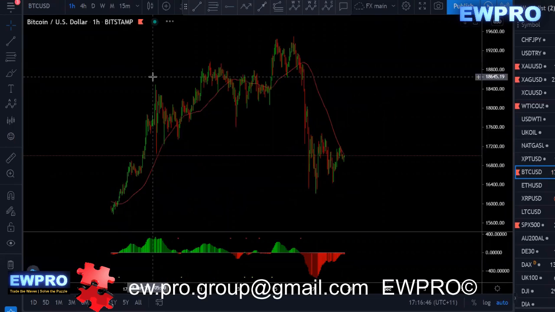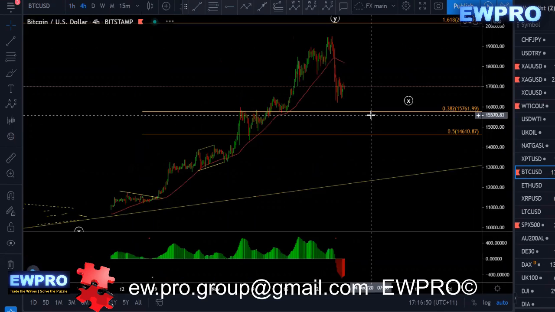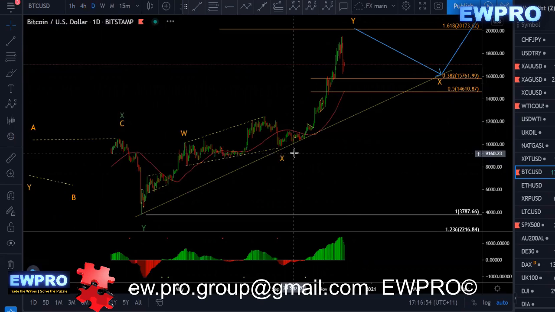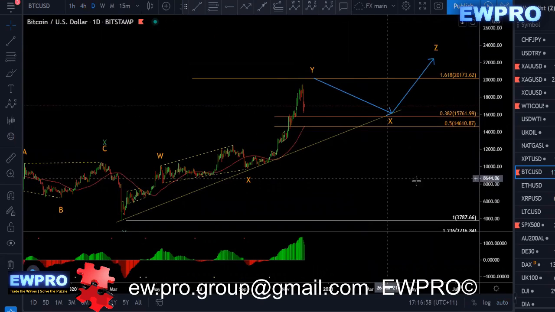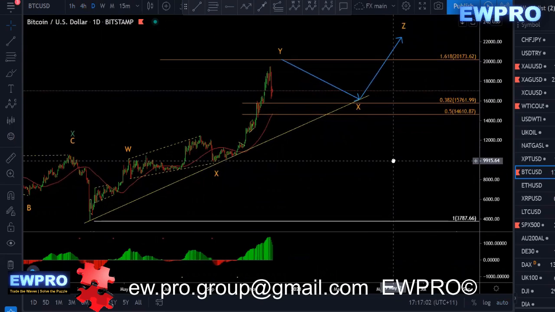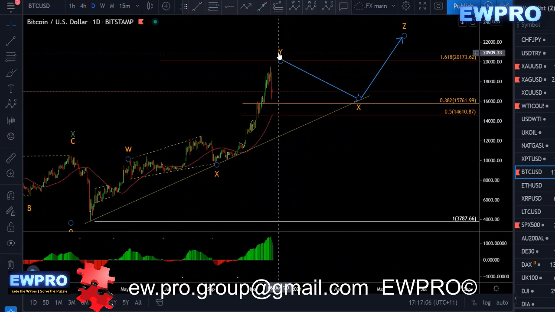Bitcoin fell over. So if we look at the daily, the daily is very similar to gold. We got this long correction here. I'm looking at this wave Y may not be over.